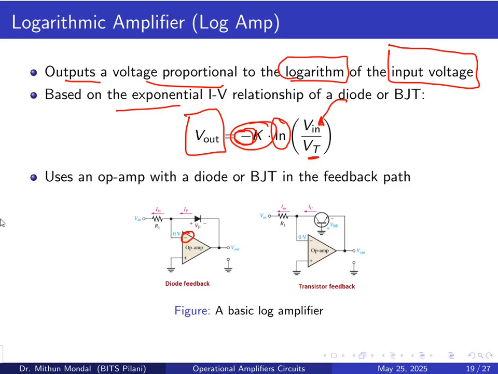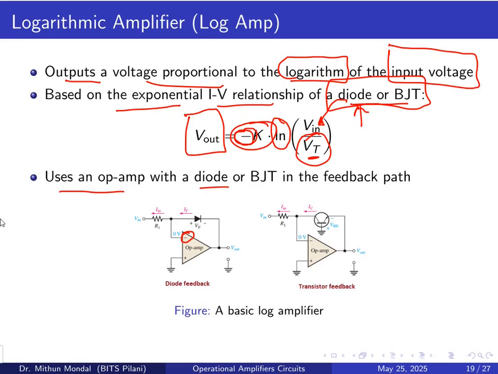So it is based on the exponential current-voltage relationship of a diode or a BJT. Now, in the very previous basic lectures of electronics, we have discussed the diode and BJT, where we discussed what this thermal voltage Vt is and how it plays an important role in the case of a diode.